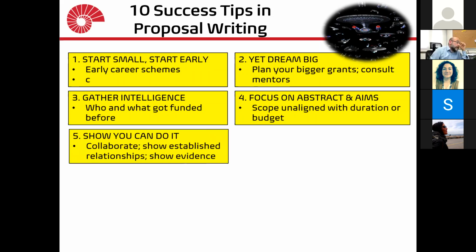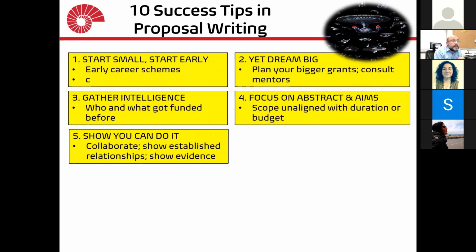Another tip is to demonstrate that you can do it, which means how do you demonstrate that you can feasibly complete the work, complete the proposal that you have in mind, that you have on paper. First, collaborate with senior investigators, if you can, who have conducted similar projects.